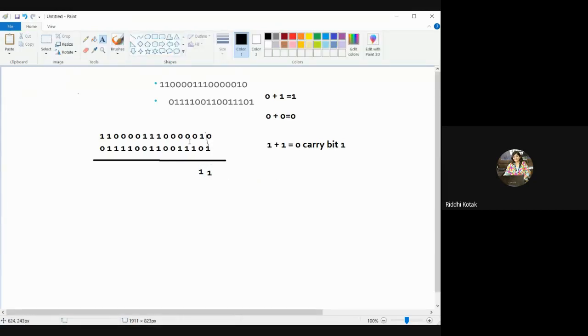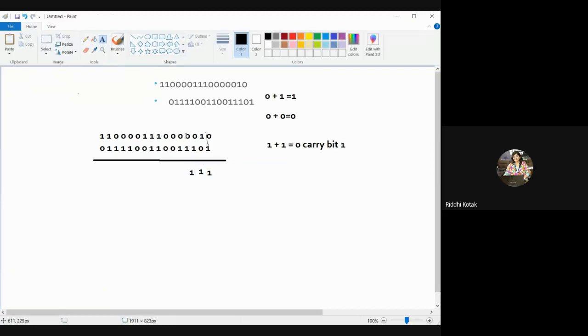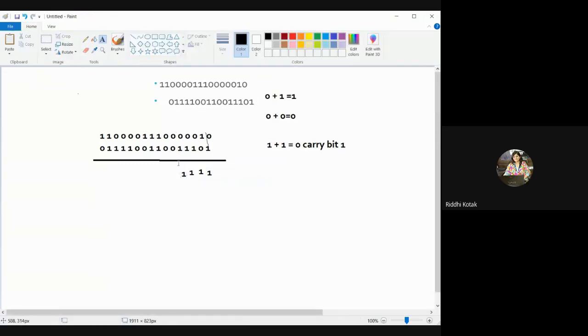Next one is 0 1, so the value will be 1. Next is 0 1, so again the outcome will be 1. Next 0 1, this is 0 1, so you have to write 1.